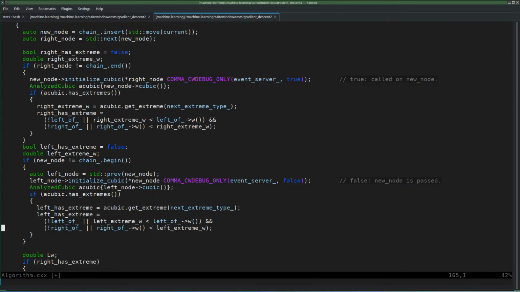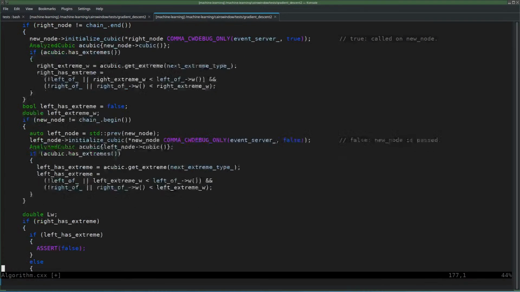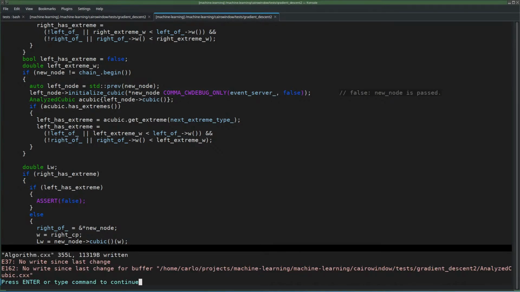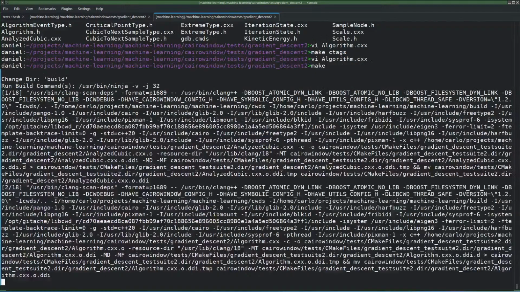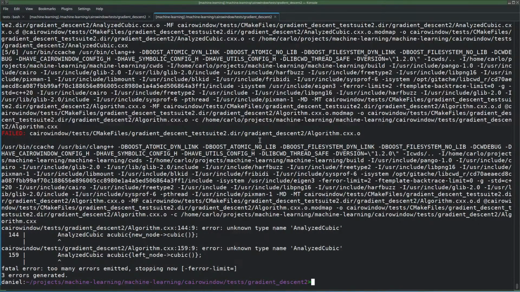Let's also fulfill that. Okay, I think that now nothing should have been changed, so basically we get the same effect as before.